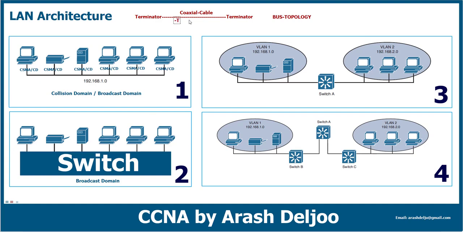Because the T connector's shape is like a T, we can connect the line to the PCs or other devices. In the bus topology, we used the T connector: one end of the T connector is connected to the PC, and the other sides of the T connector are connected to the line, like for example here, as you can see.